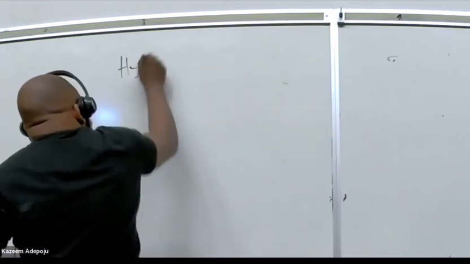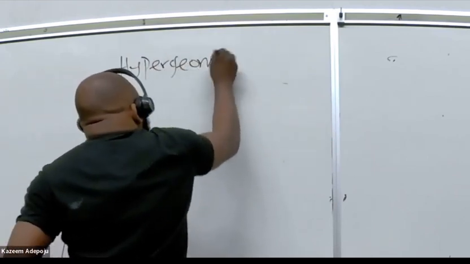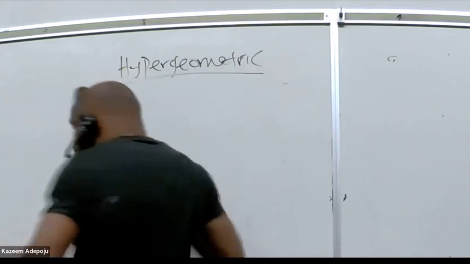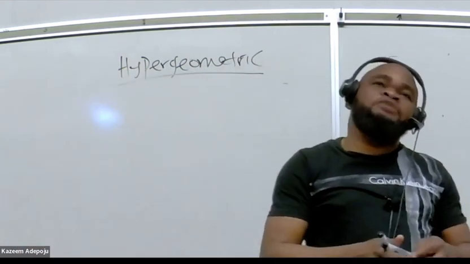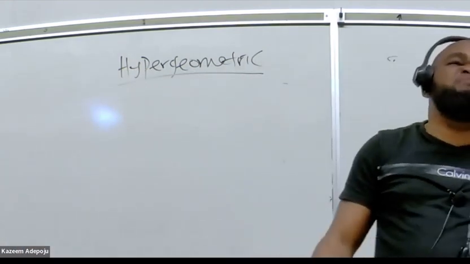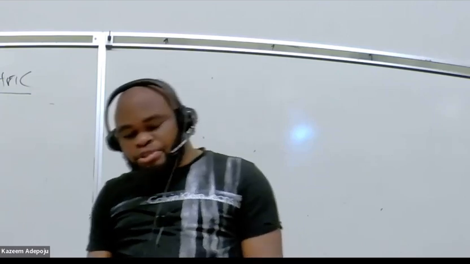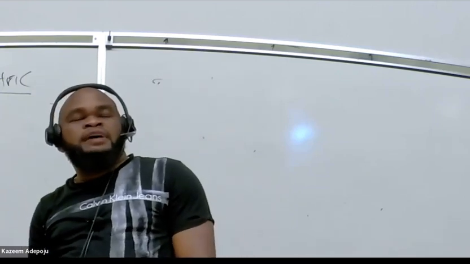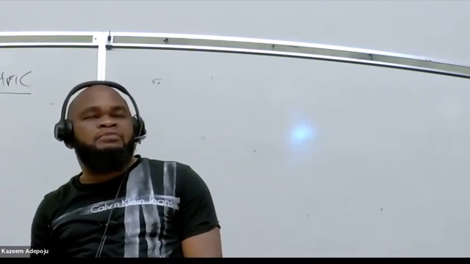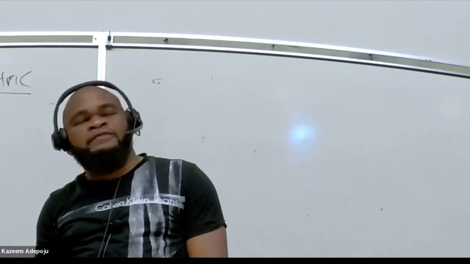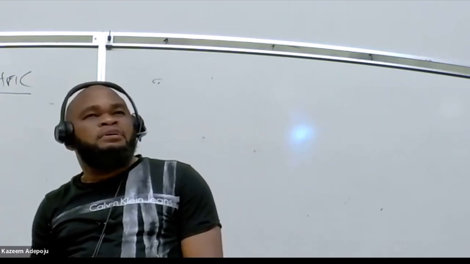Now, hypergeometric distribution and binomial, they're doing the same thing, except that what distinguishes them from each other is the mode of sampling. In binomial, we're sampling with replacement. In hypergeometric, we sample without replacement.